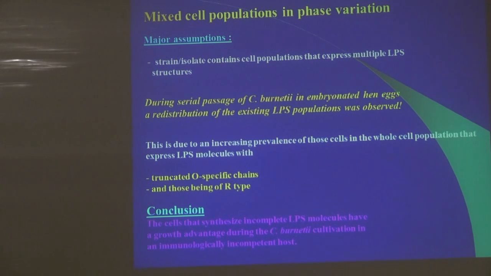So that was our conclusion, that the cells that synthesize an incomplete LPS molecule have a growth advantage during Coxiella burnetii cultivation in immunologically incompetent hosts.